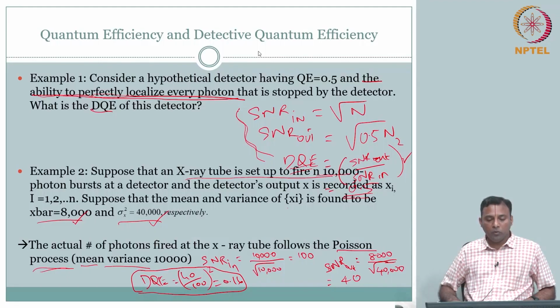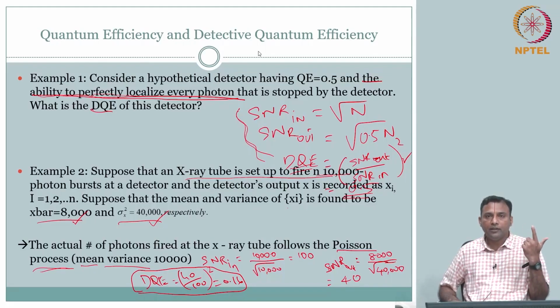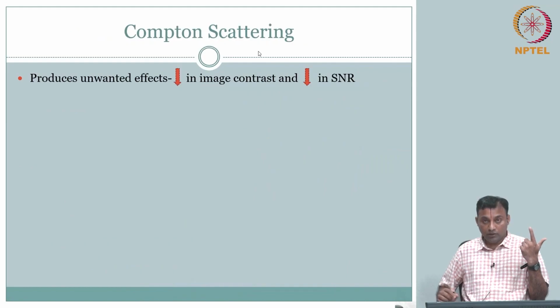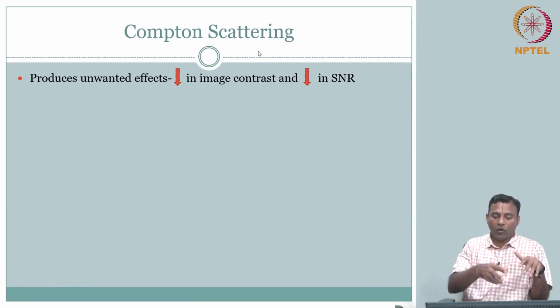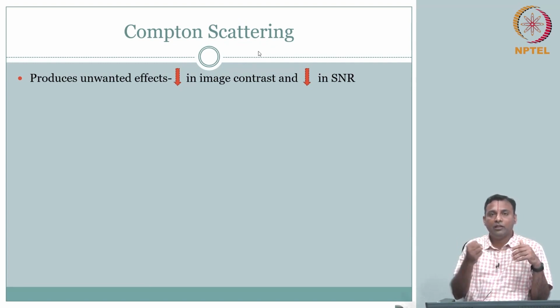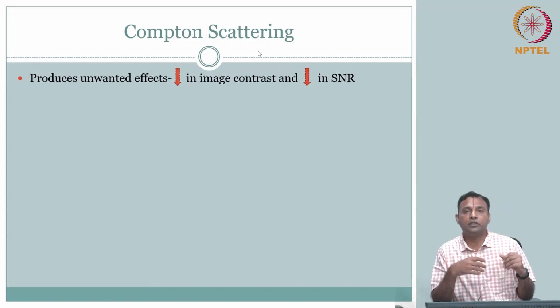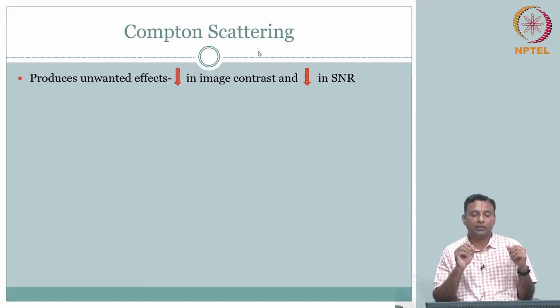What we need to do quickly is talk about Compton scattering, right? What is Compton scattering? Again, for what we did so far, the randomness, the noise, came from the physics of the number of photons that are distributed, the time of arrival difference.